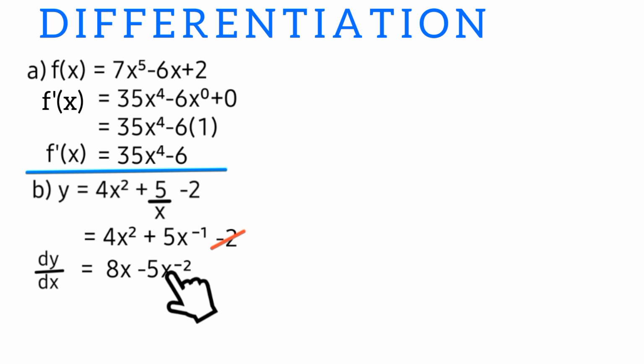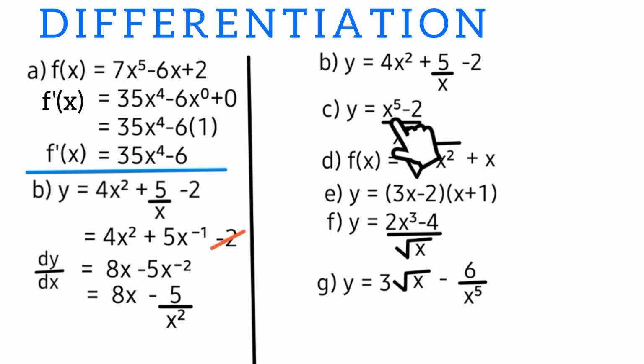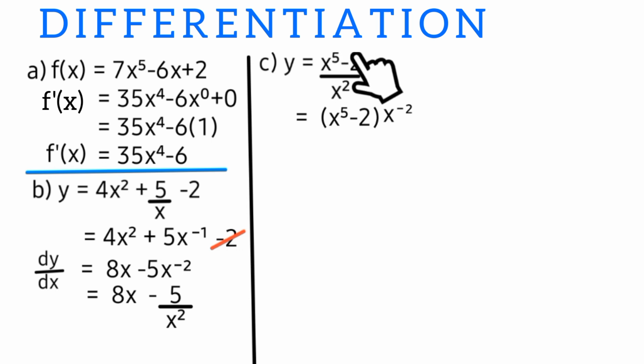We can go further to bring x raised to the power of minus 2 down to the denominator. So we have this, then minus 5 over, when this x raised to the power of minus 2 goes to the denominator, it becomes x raised to the power of positive 2. x raised to the power of 5 minus 2 all over x squared. So we have all these values.